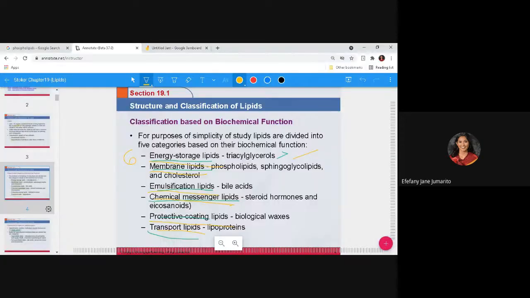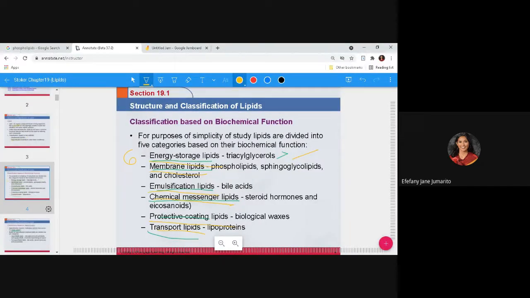Just like carbohydrates, carbohydrates function to give structure and energy storage. For our lipids, we also have energy storage, and then we also have the membrane lipids, which are the phospholipids, sphingoglycolipids, and cholesterol.